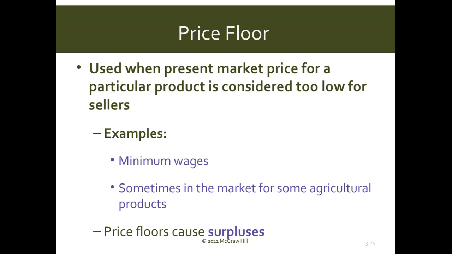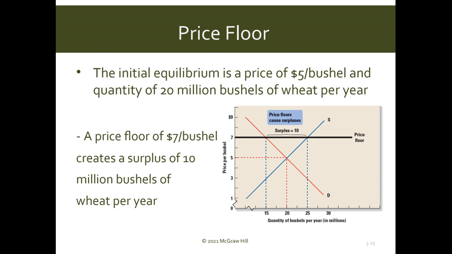Now, price floor is always fixed above the equilibrium price. If you fix price floor below equilibrium price, it will not be binding because the price will go up and reach the equilibrium price automatically. In price floor, you can charge a price higher than the price floor, but you cannot charge lower than that. Are you getting my point?